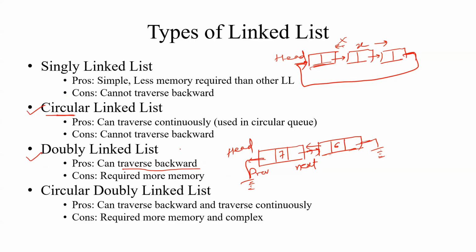So we can write both advantages here: we can traverse backward and forward, and we can traverse continuously also. The limitation is that it requires even more memory and it is complex.